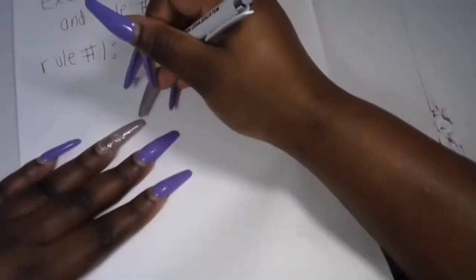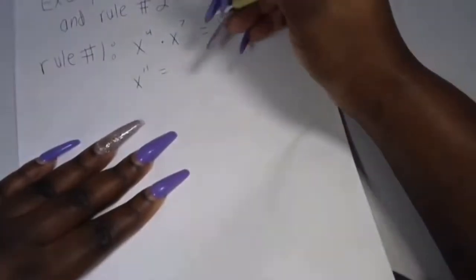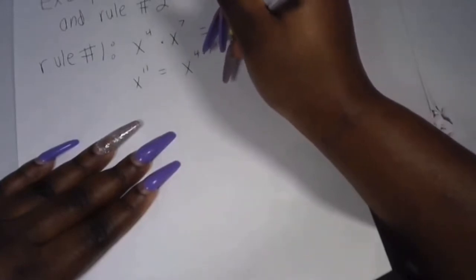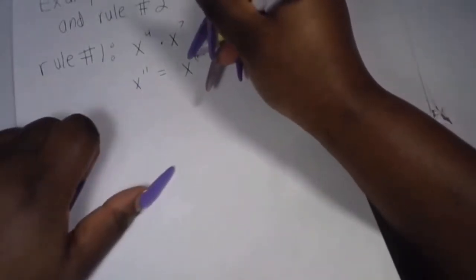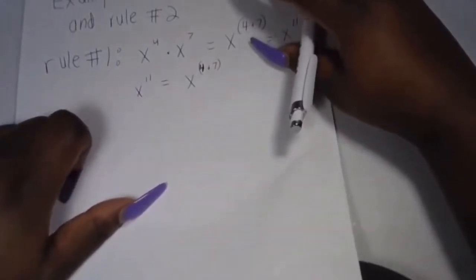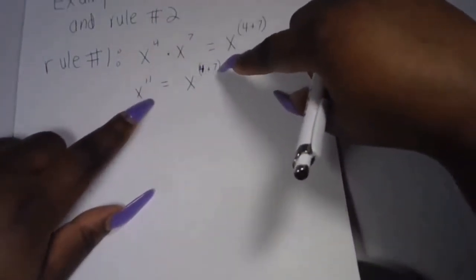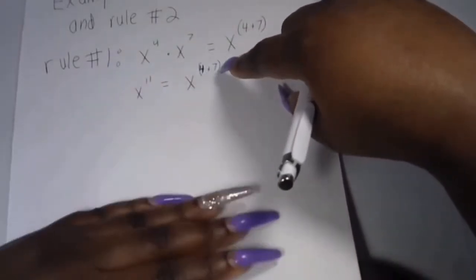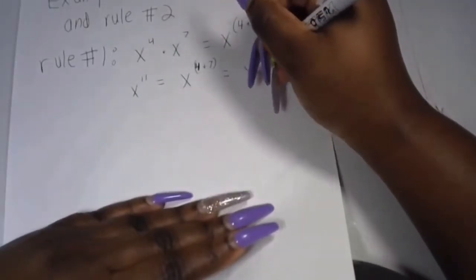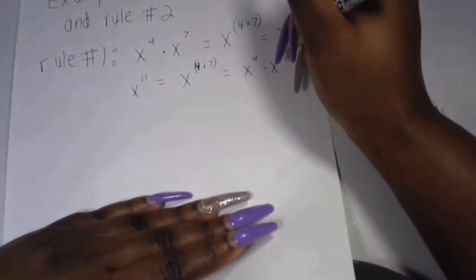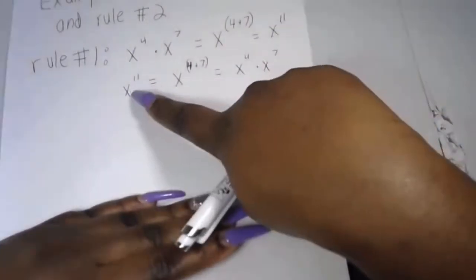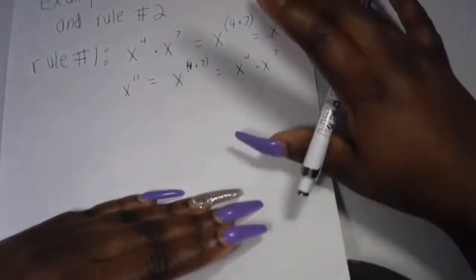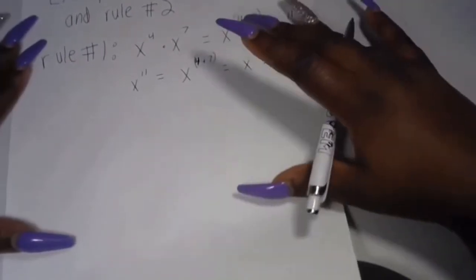Conversely, x to the 11th, because 4 plus 7 is equal to 11, is equal to x to the 4 plus 7 power, which is also equal to x to the 4th times x to the 7th. Remember, if it's an exponent like this, you can break it down into two numbers that it's equal to, and also break it down this way. That's rule number 1.